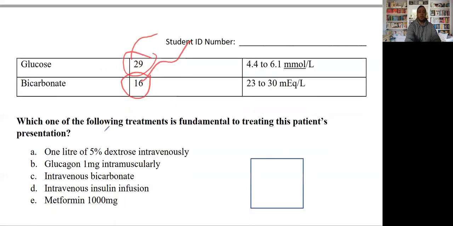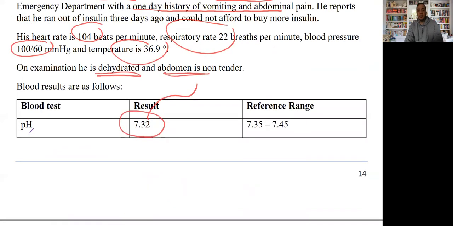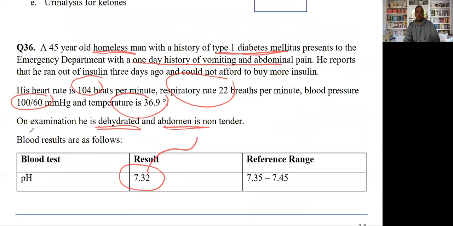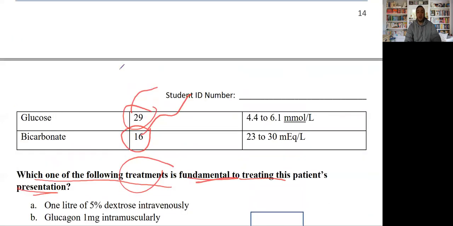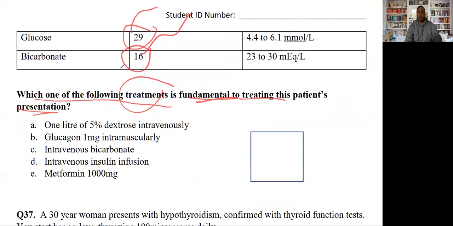Which one of the following treatments is fundamental to treating this patient? He is not mentioning the ketones, but with the history that the patient has not taken insulin in the last 3 days, most likely the patient has DKA.